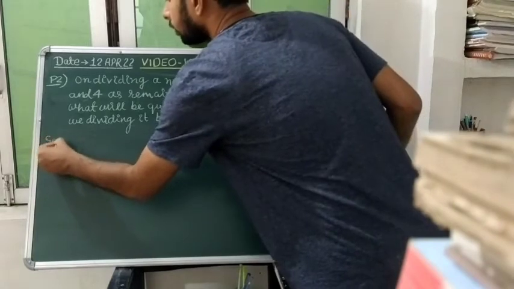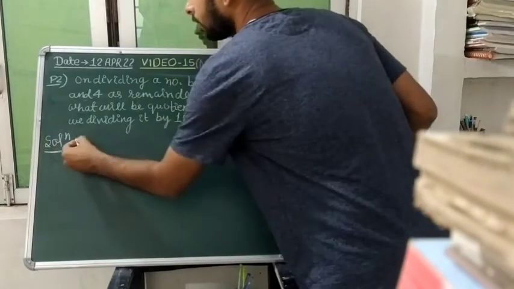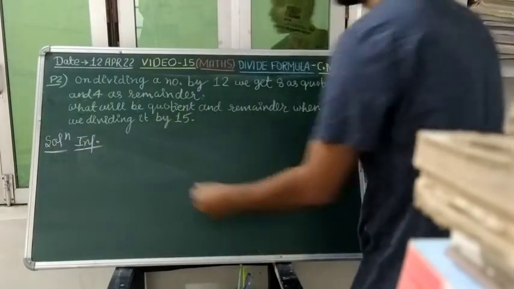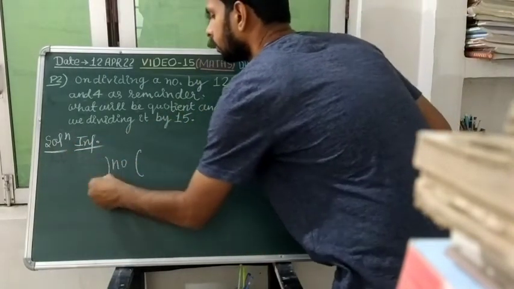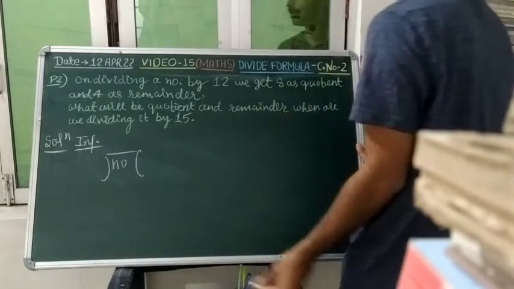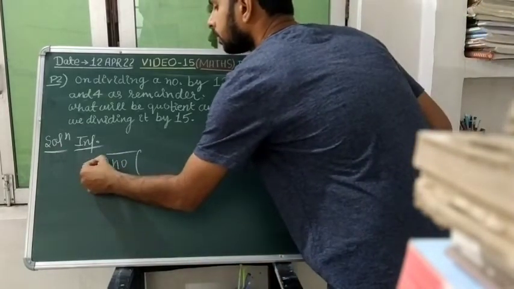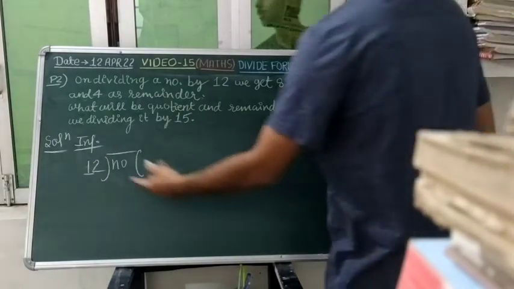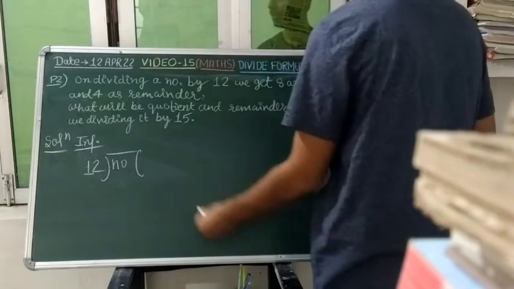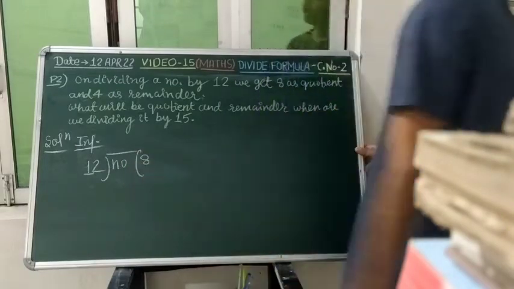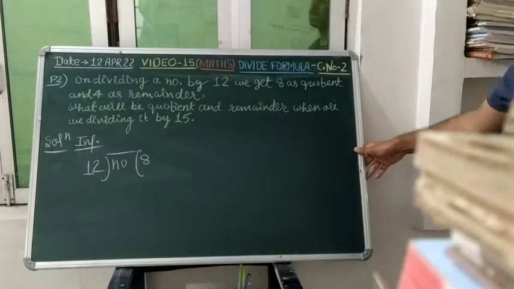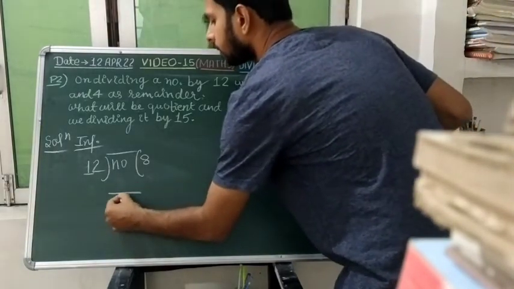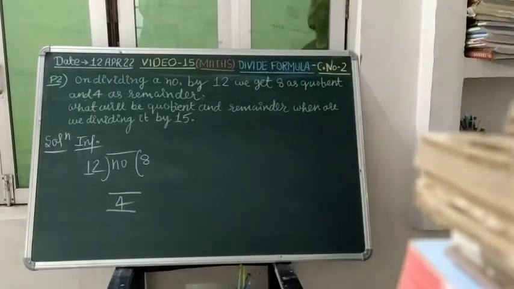So first, the information is saying that a number is there which we are dividing by 12, and that number, when we divide by 12, gives 8 as our quotient and 4 as our remainder.